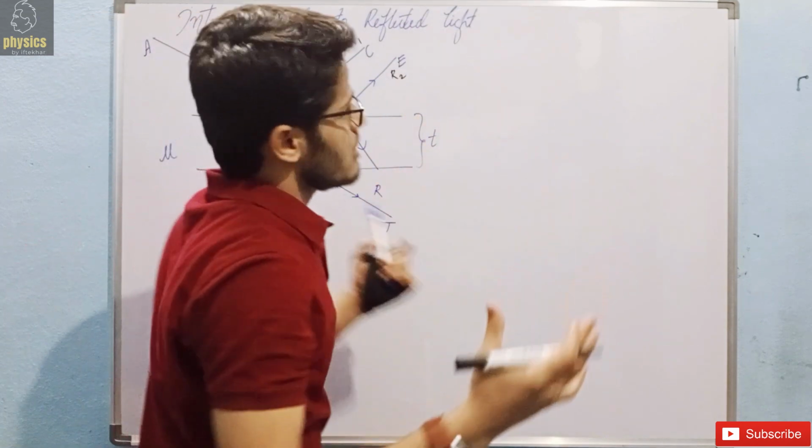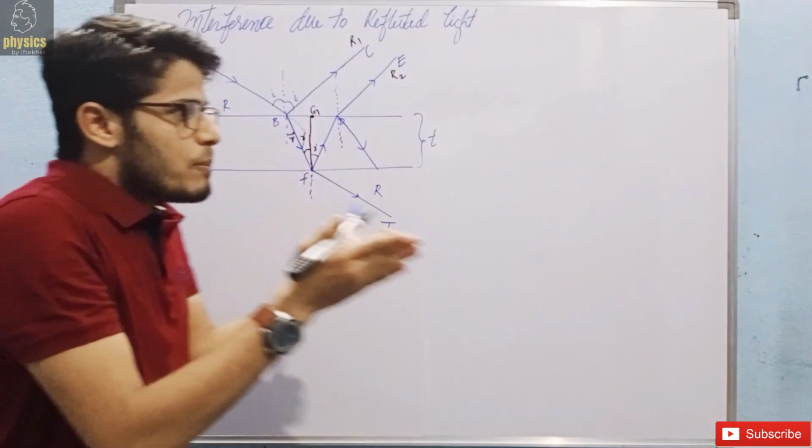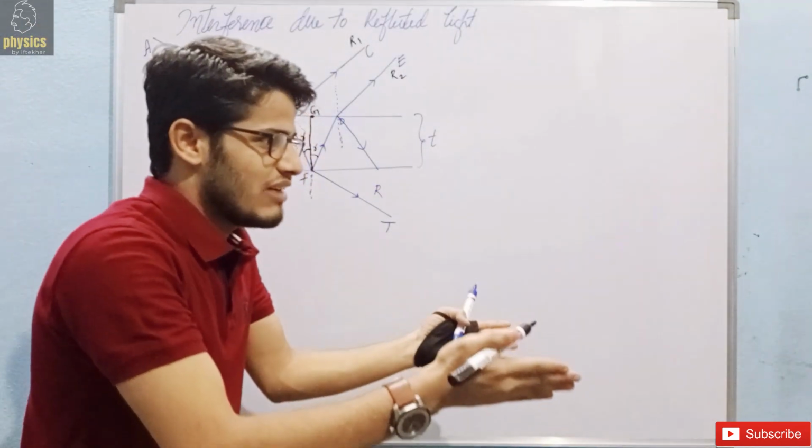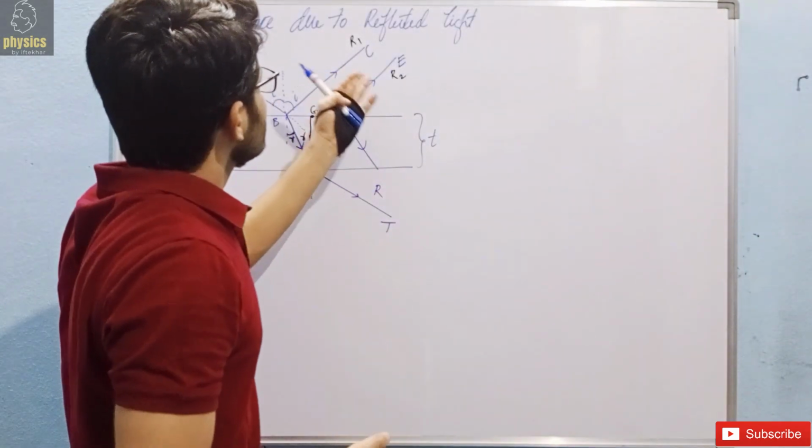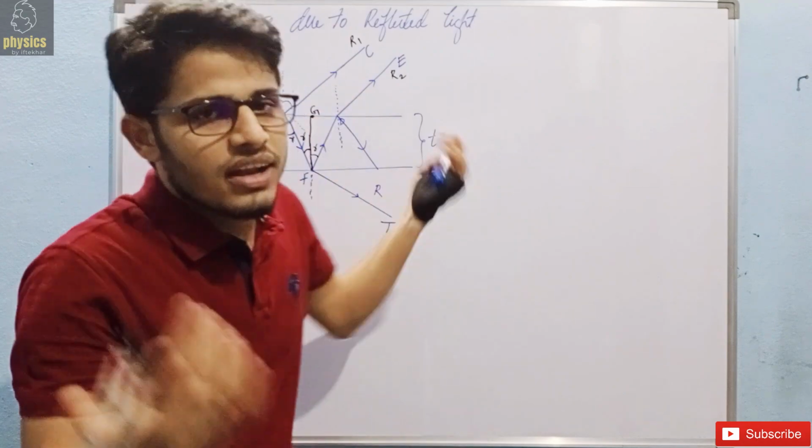And one more question arises: two parallel rays won't meet, they will meet at infinity. So how come we can see the interference due to this R1 and R2?